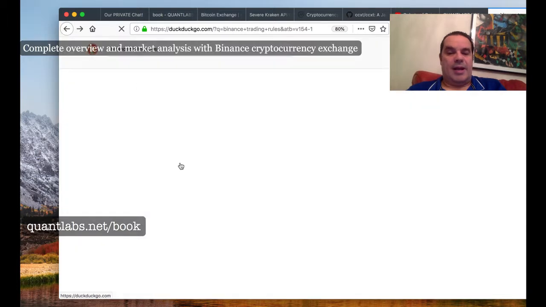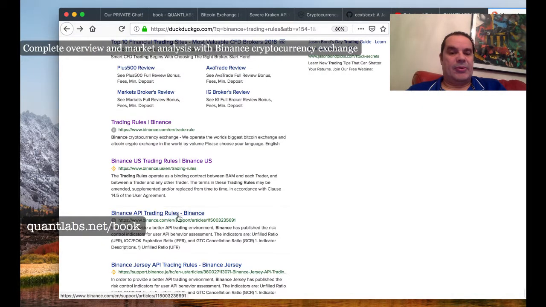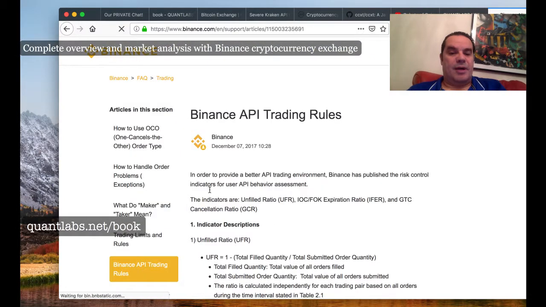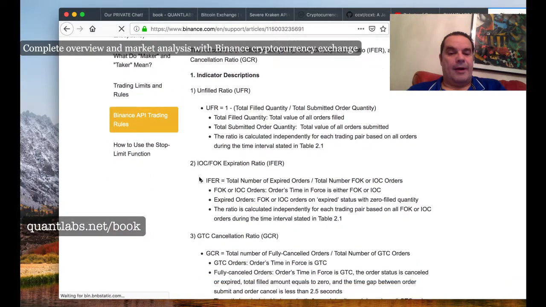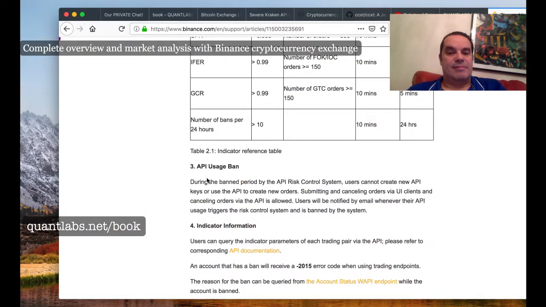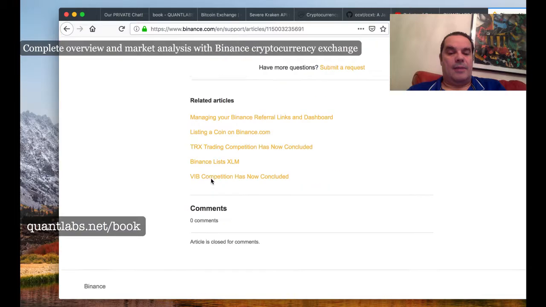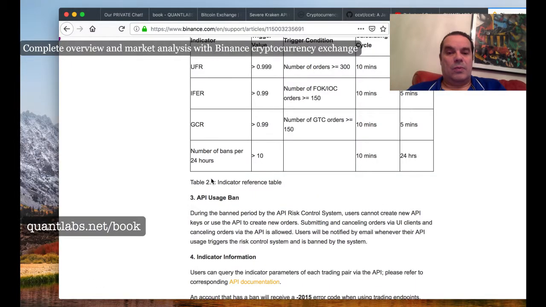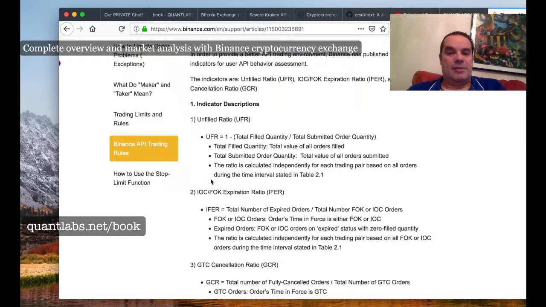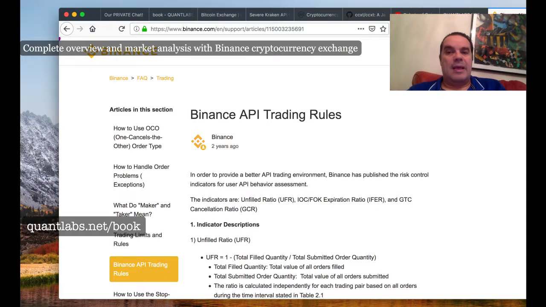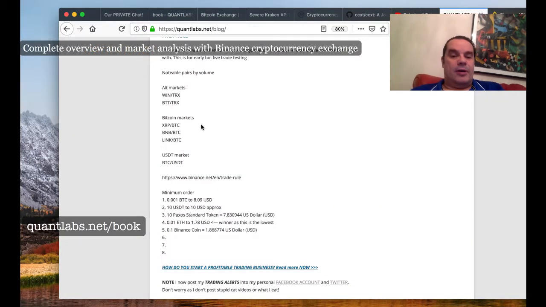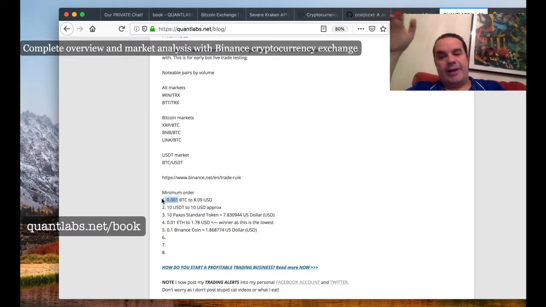And then we want Binance trading rules right here, probably. With all the different markets that we have available, the factor here is the minimum number of... doesn't look like I found it. Anyways, I'm not going to waste anyone's time here. But here are the minimums you need to put an order into Binance to make it get filled.